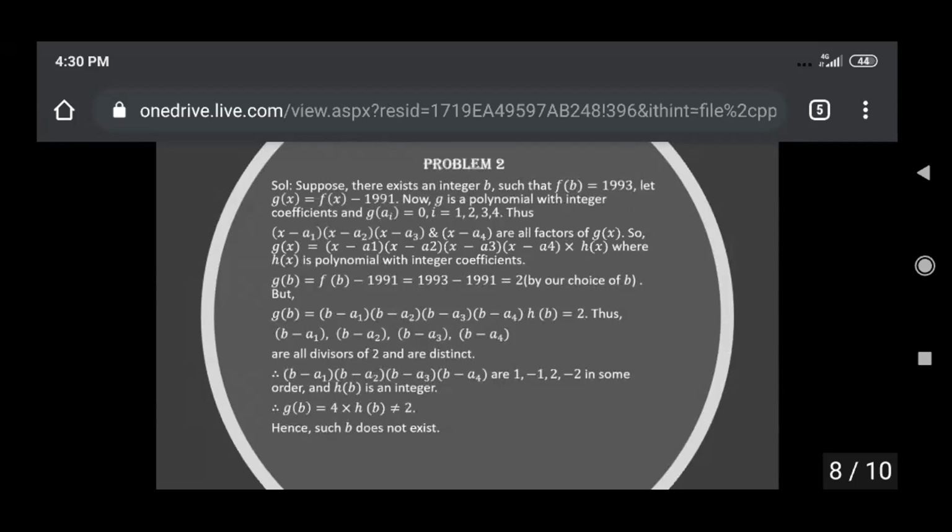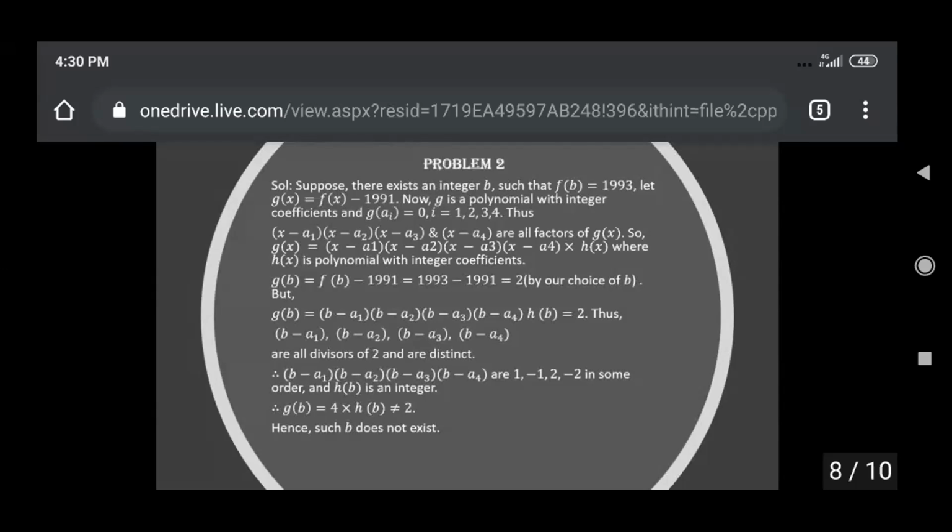In the second question, we have to use contradiction, like the first. Suppose by contradiction that there exists an integer b such that f of b is equal to 1993. I will consider a polynomial g of x equal to f of x minus 1991, where g is a polynomial with integer coefficients and g of ai is equal to 0 for i equal to 1, 2, 3, 4.